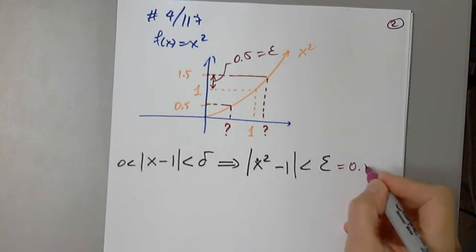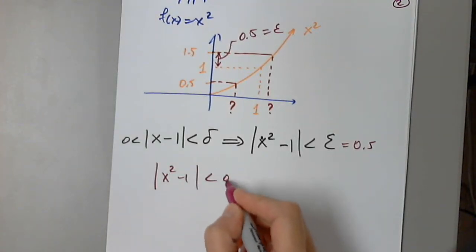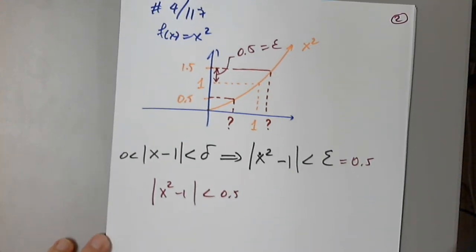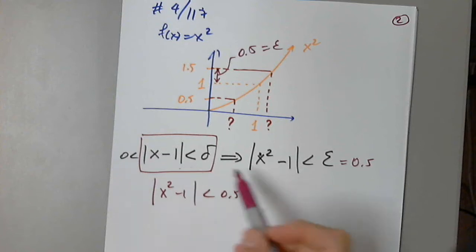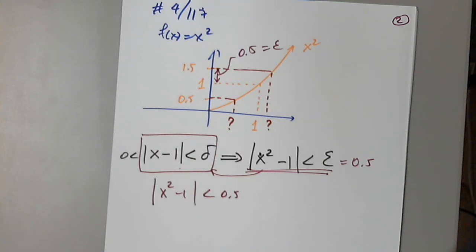Very good. So the whole problem reduces to solving this inequality with absolute value. And then, of course, finally getting this. This is my target. We will always start here, and we want to get that, like we do with any precise definition of limit. Okay, so how do I convert this?